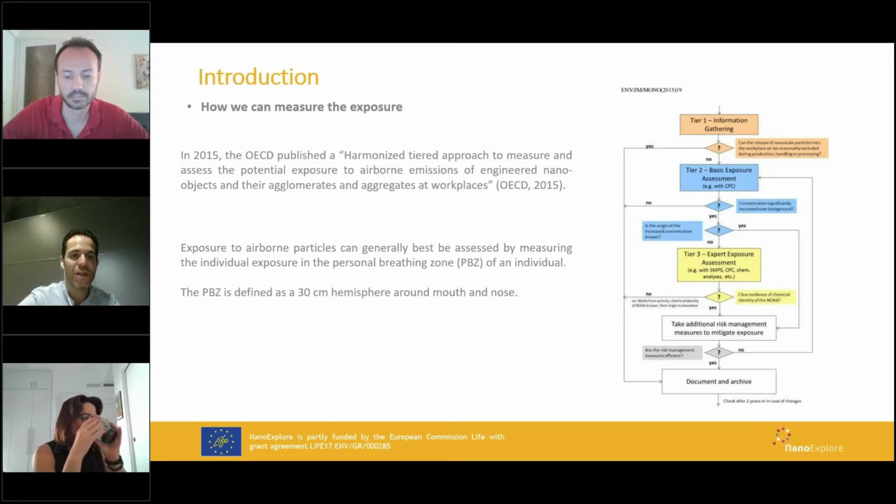The OECD, in 2015 and also in 2017, published harmonized protocols to measure it. It's a tiered protocol, tier 1, 2 and 3, to measure the potential concentration of nanomaterials in workplaces. There are also different proposals from NIOSH, like the NEAT methodology, that is more or less the same.